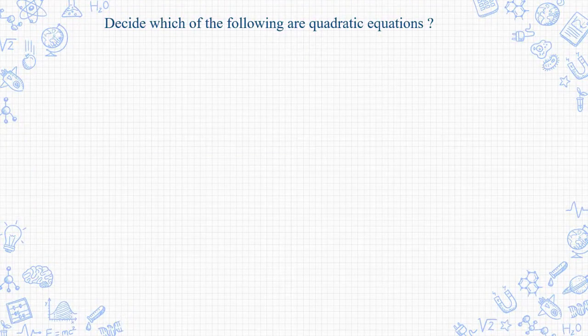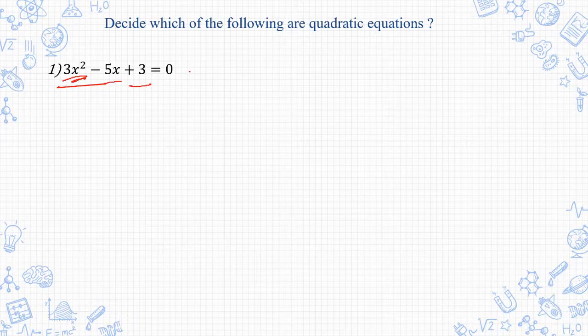Now let us try to decide which of the following are quadratic equations. Let us see some examples. The first one, 3x square minus 5x plus 3 equal to 0. If you can see in this, the square term is present, the x term is there, and there is a constant term.